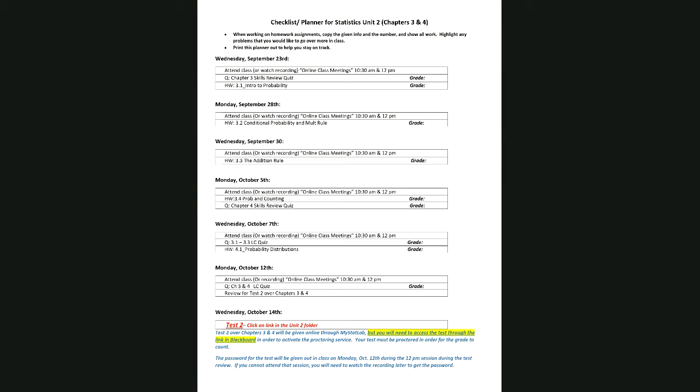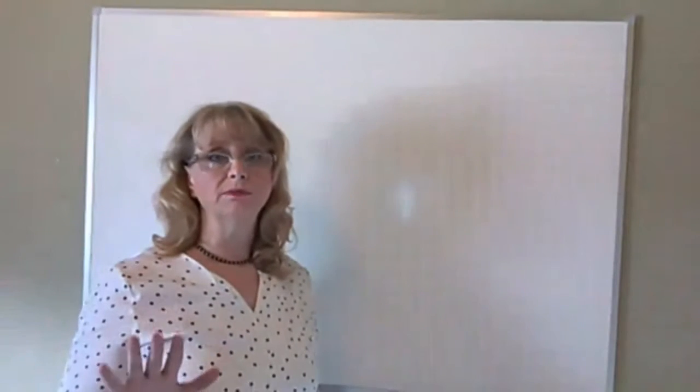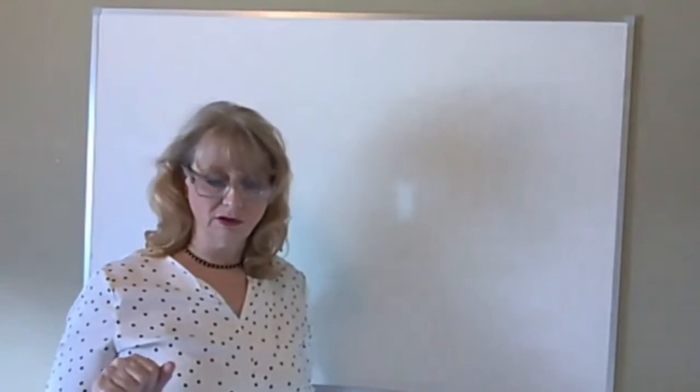Today, all we're going to do is Section 3.2. That's not a whole lot, but there are a few important concepts in there. I thought we would start with a review of basic probability, which is what we talked about last time, and the notation. Any questions from 3.1 or the test before we go on to 3.2?